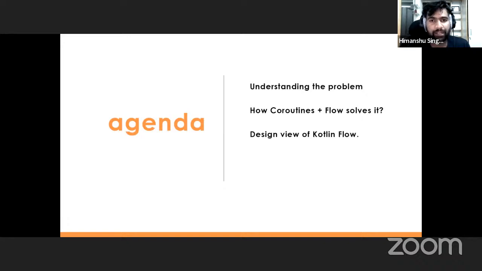Then we'll understand the design architecture of Kotlin Flow, and we'll touch upon coroutines as well. Later, we are going to see a couple of real life examples of how to migrate from other Rx libraries like RxJava, for example, or any synchronous code to Kotlin Flow.